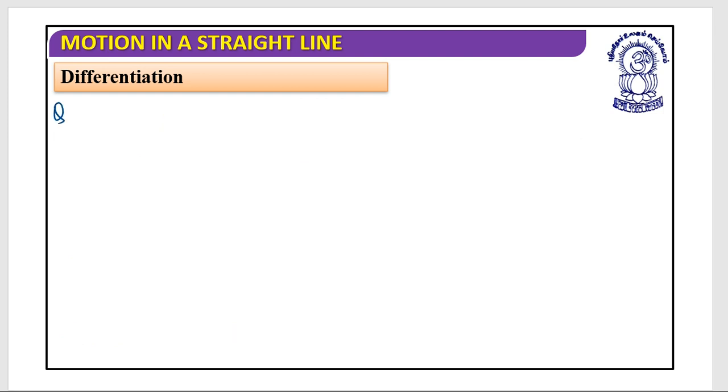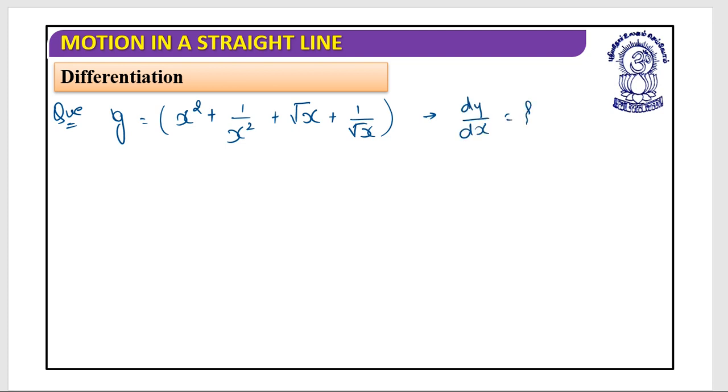Next, let's say they have given us that y is equal to x square plus 1 by x square plus root x plus 1 by root x, and you need to find dy by dx of this.